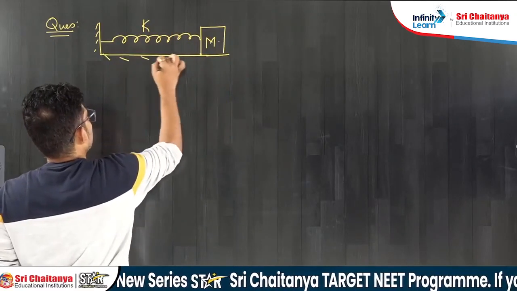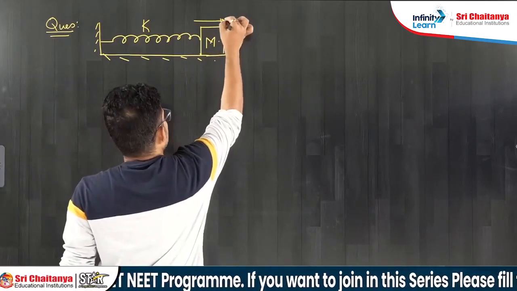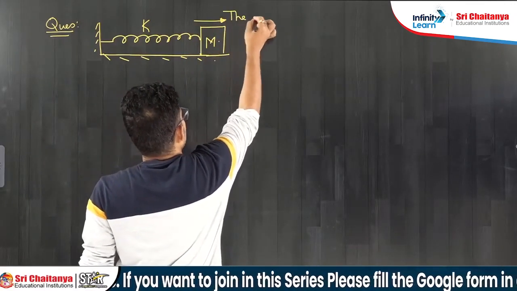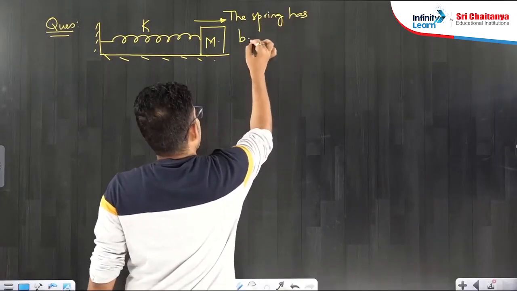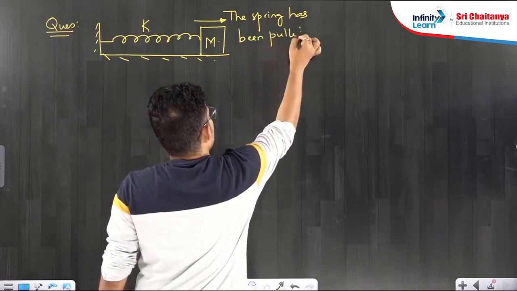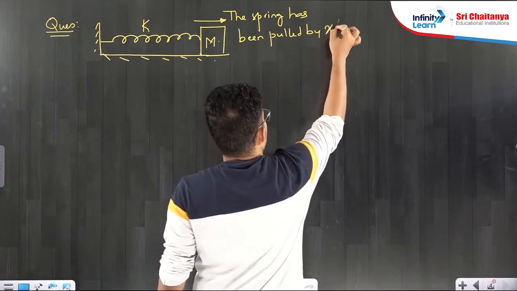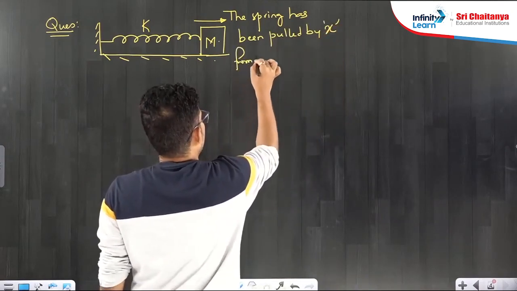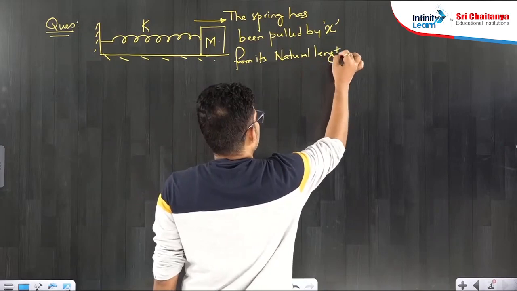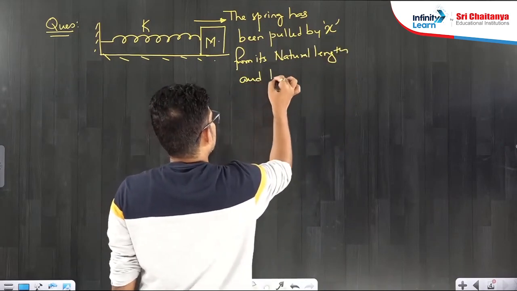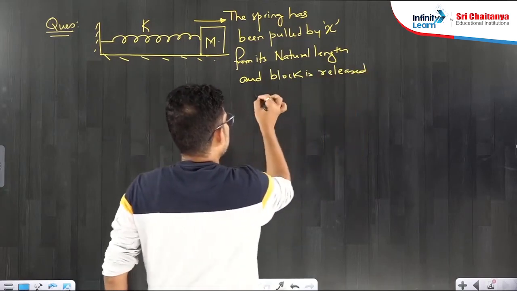this is a spring, this is a block, the spring has been pulled by a distance x from its natural length and block is released from here.